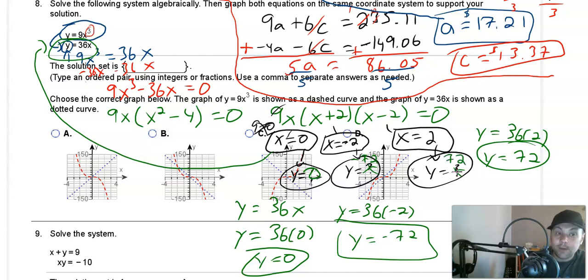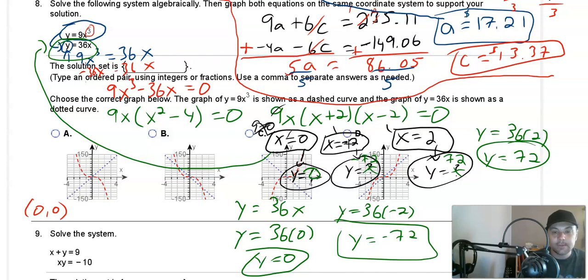And so my final answer, the way you're supposed to organize this, especially if you're typing it into Math Excel, is you want to put all these together as ordered pairs and then put them all together when you type it into that box by separating them with commas. So the way it has to look on Math Excel is you'll have 0, 0. That's this solution here, 0, 0.